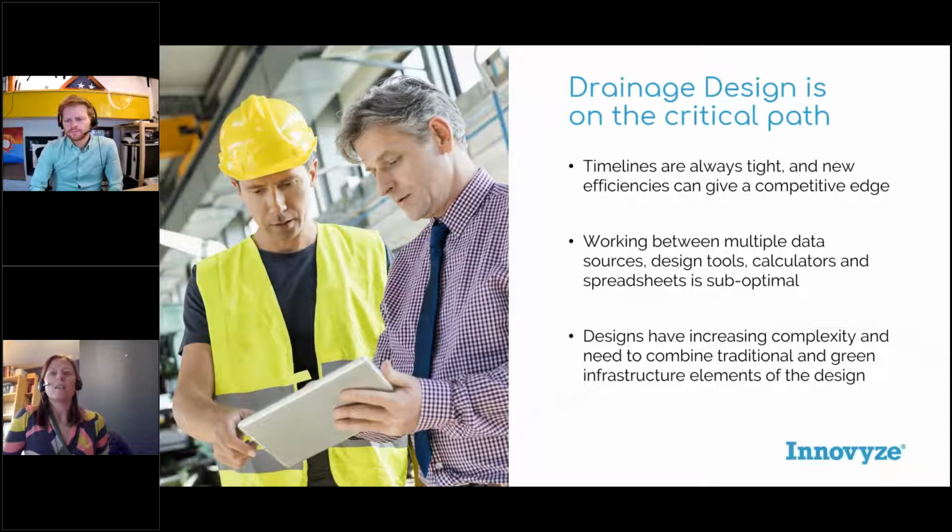Where those multiple different data sources exist as well, we want to support all of those and help move away from a suboptimal process where you can be working across multiple different packages. Also allow engineers to combine and design the traditional and green infrastructure elements in a single software solution. And this is where we can really help to optimize the process and improve the efficiency.